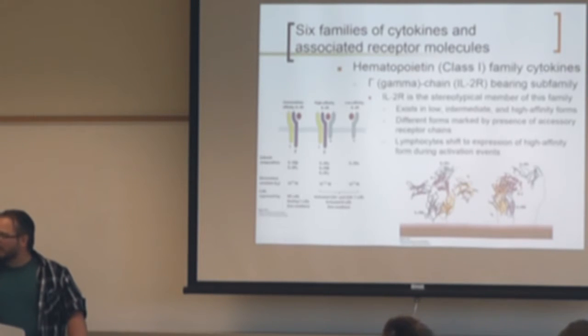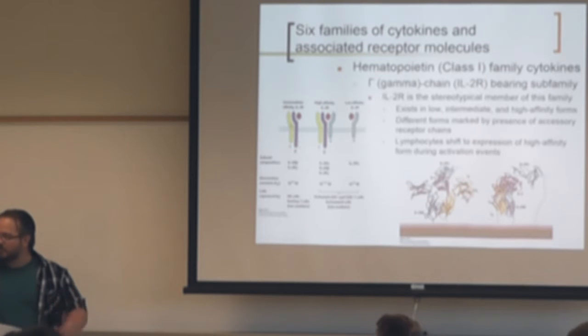So we've got our class 1 family cytokines like IL-2, and most of those have similar receptors. Like the IL-2 receptor, it's going to have different forms. Again, like I've talked about, we have this low affinity, intermediate, and high affinity form.